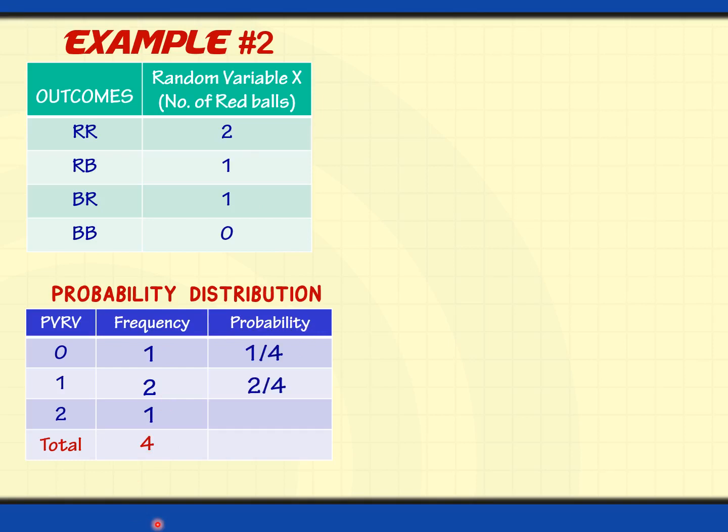But you can keep it that way so that it will be easier for you to add the total later on. And then for 2 reds, that will be 1 over 4. So when we add, that is 1/4 plus 2/4 plus 1/4, equal to 4 over 4 or 1. So this is your step number 4.